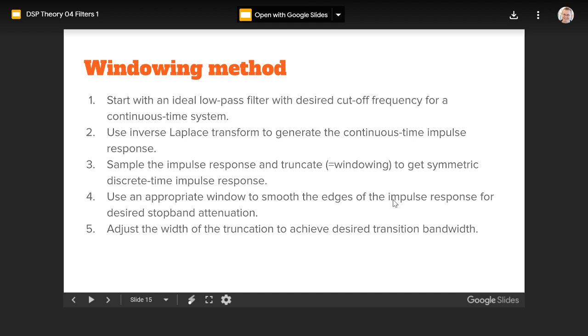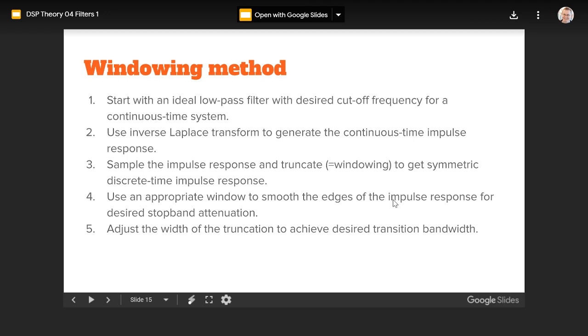This should be symmetric, but on my drawing it's not. So the next step is to take the sampled impulse response, h of n, which is the sampled sinc, and of course, to make it finite, you need a window.